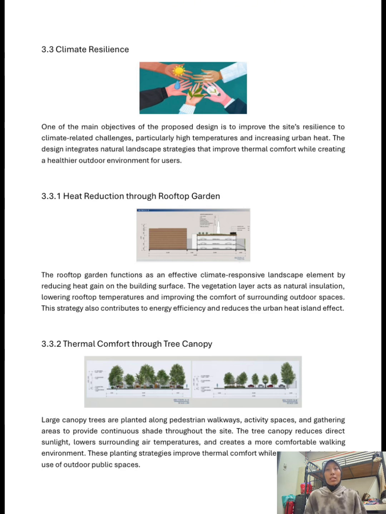At the same time, sustainable landscape strategies including canopy trees, vertical planting, permeable pavement, grass pavers, and rooftop greenery improve environmental quality, reduce heat, and strengthen the ecological performance of the site. This intervention demonstrates how nature-based solution (NBS) can effectively address urban environment challenges while creating healthier public spaces.